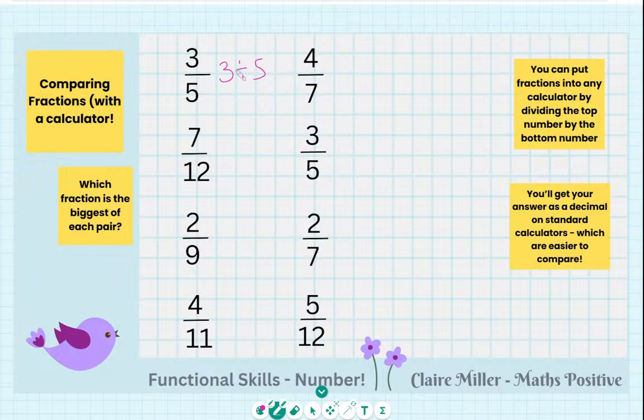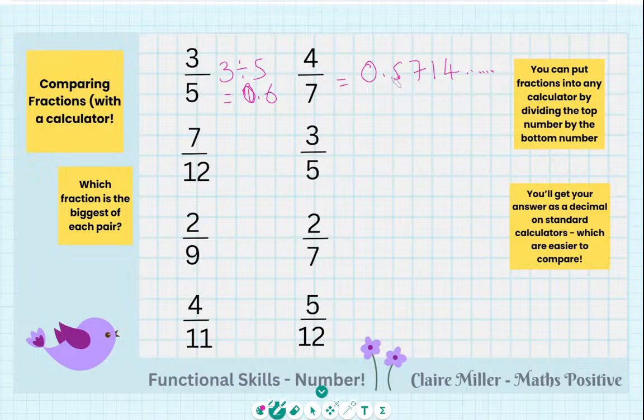So if I put that into my calculator, on a standard normal calculator, I'm going to get an answer of 0.6. Okay, my answer is a decimal. What about the other one? 4/7, 4 divided by 7. That's what I'm putting into my calculator. And then the answer I get is going to be something like 0.5714, and it goes on and on.